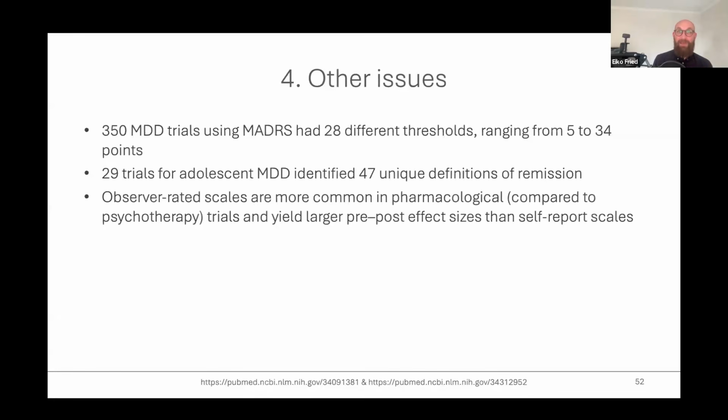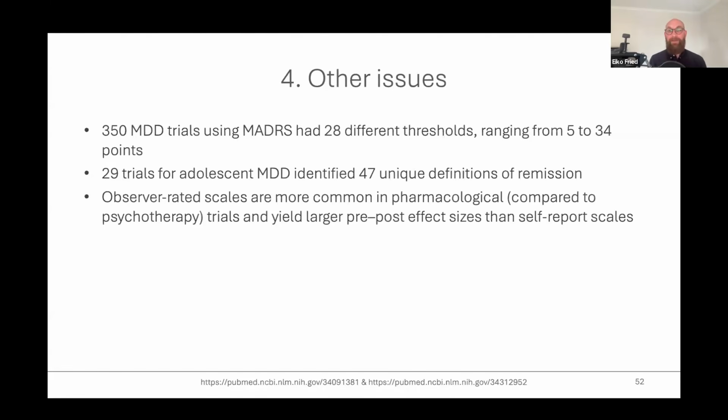Because we can't agree what a diagnosis of depression means for enrollment of participants into a study, but also what remission means, because these thresholds are also used not only for determining the severity to get into a study, but also the threshold you need to drop under when you are no longer depressed.